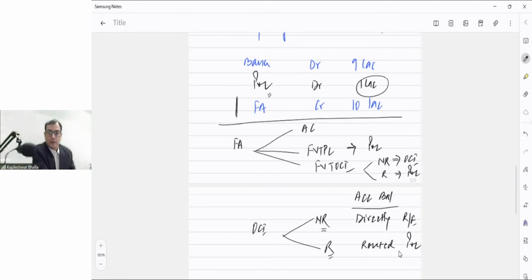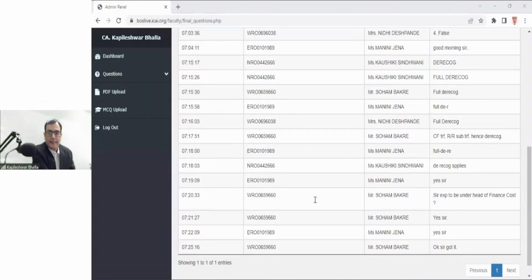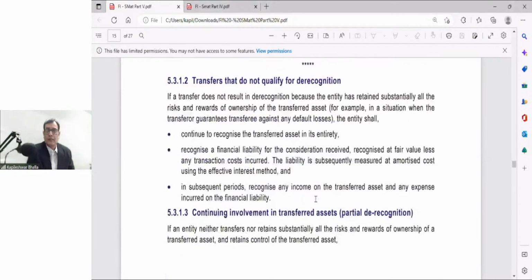Okay, now let's take it further, and let's now go to the next illustration. Now, there is no illustration given in terms of the second area, when the financial asset continues. But I think we can just have a little read in terms of what kind of accounting would occur.